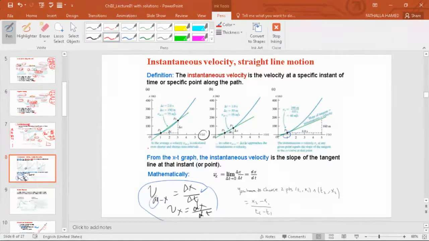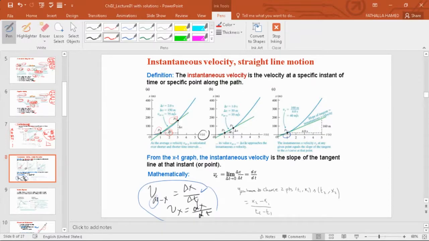Well, in that case, the line that I take will become closer to the curve. So as you can note here, that's P1 and that's P2, which are different positions now, but they're getting closer. Why? Because the delta t will be smaller. And you can see that this slope is almost getting closer to your curve.